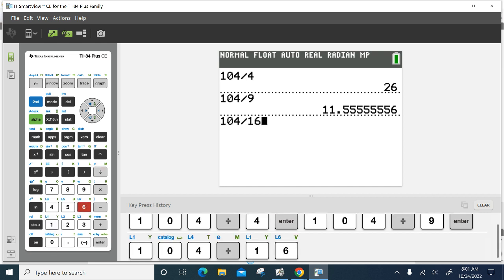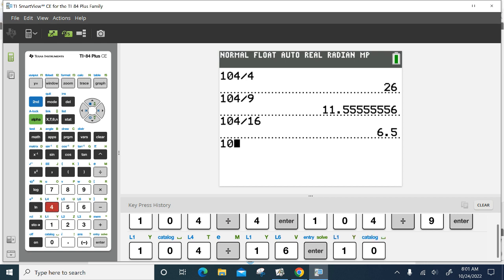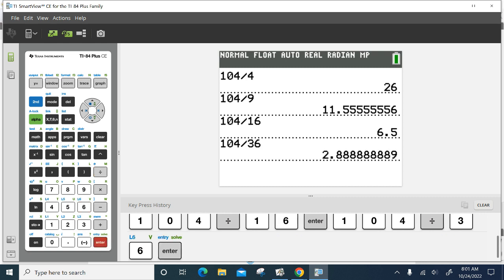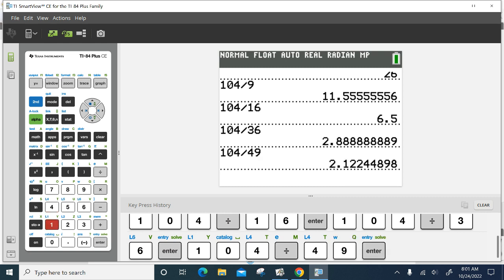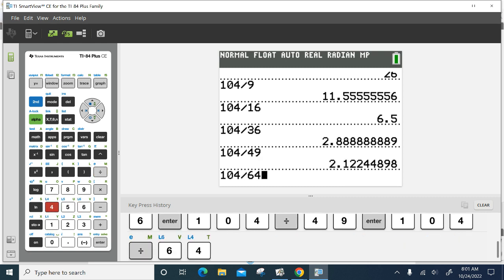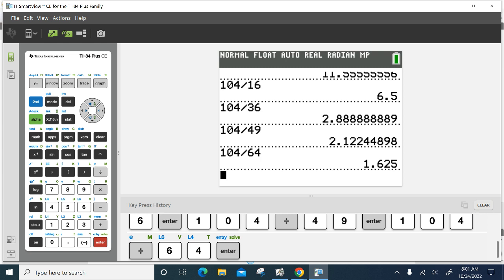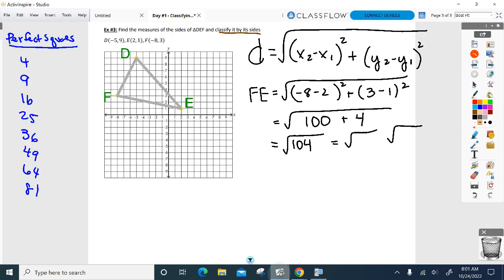How about 16? Nope. I'm not even going to try 25. I know 25 won't work. How about 36? Nope. 49? Nope. 64 real quick. Okay, I don't think it's going to. So what was the only one that worked? 4. So now in that radical, I put 4.